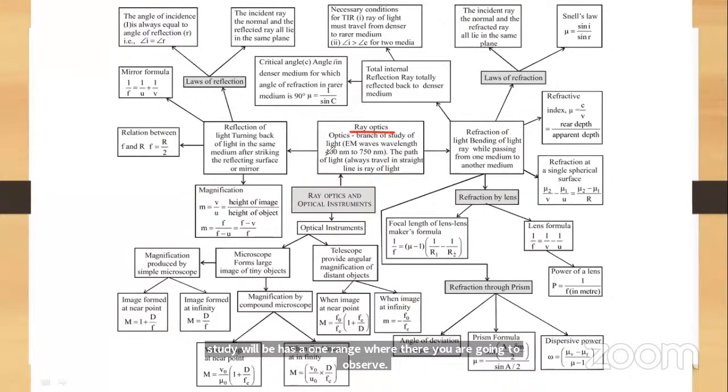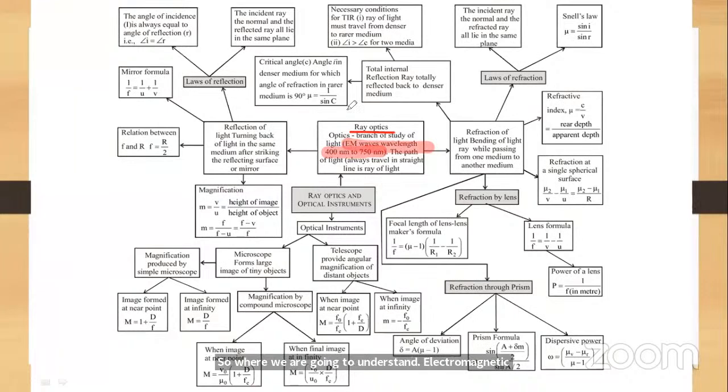Ray optics will be studied under a range of the order of 400 nanometer to 750 nanometer. Here we are going to understand electromagnetic waves in this range, which we consider for optical instruments and also for the phenomena of light.